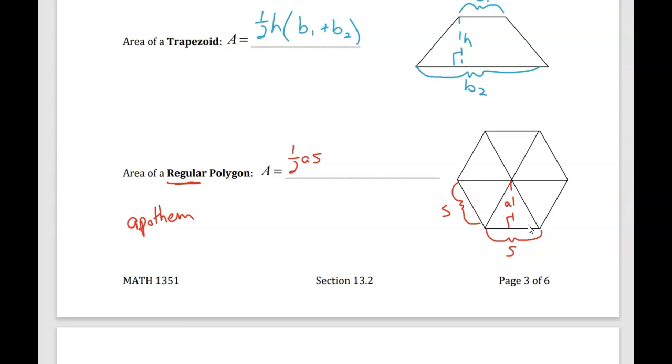But for any regular polygon, we're just going to say times n. N is equal to the number of sides. However many sides we have, that's however many we look at. Okay?